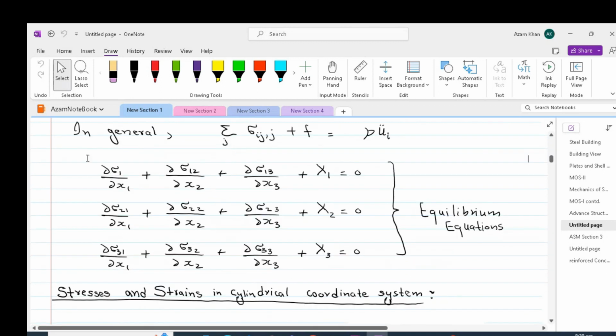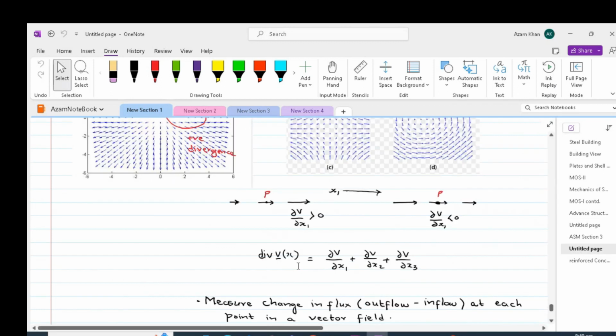The partial sigma portion can also be written as divergence of sigma. So we have already done the divergence. In the mathematical preliminaries, we worked out the divergence of a vector field as partial v1 by partial x1 plus partial v2 by partial x2 plus partial v3 by partial x3. So this was the divergence equation which we derived in mathematical preliminaries.